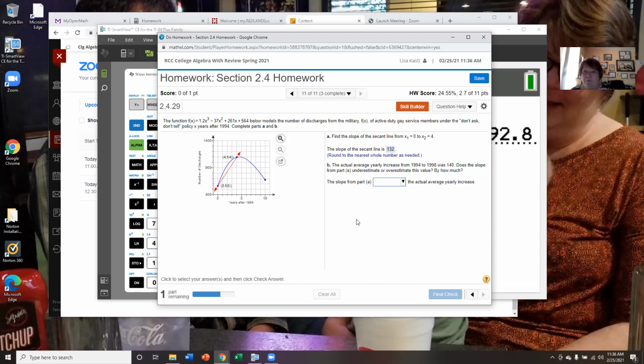Does the slope from part A underestimate or overestimate the value? Well, it's underestimating. So the slope of the secant line told me that on average, 132 people per year were discharged. In reality, it was 140. So my slope of secant line actually underestimates what actually happened. So it's underestimating.